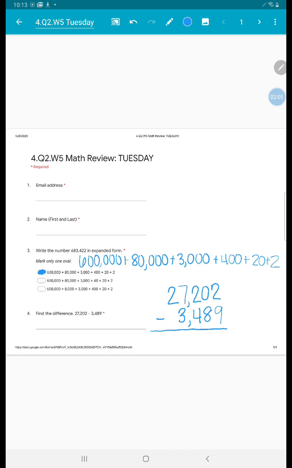Well, first you don't have enough for the ones place, so you have to go to your hundreds place. Ask them for a number, and that would be 1. And then your 2 would become a 12. Okay, what about this 0? It becomes 10, and then that's not right, and then you have to put 9.